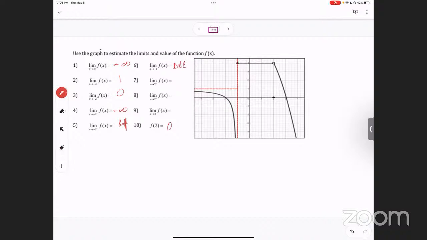The limit as x goes to 2 from the left is the same as the limit from the right, which is 4. But since the function value is not the same as the limit, it is not a continuous function.